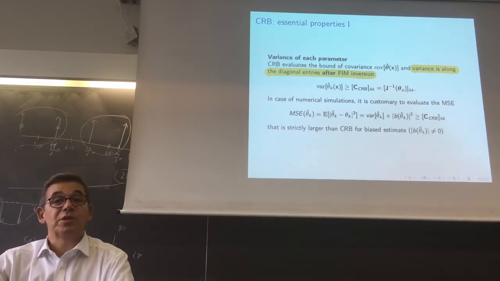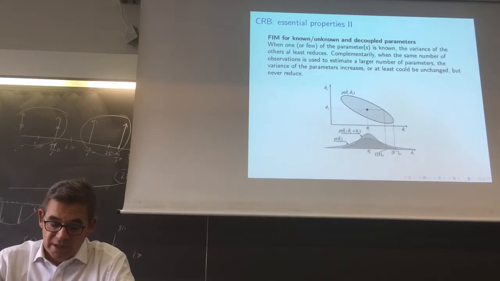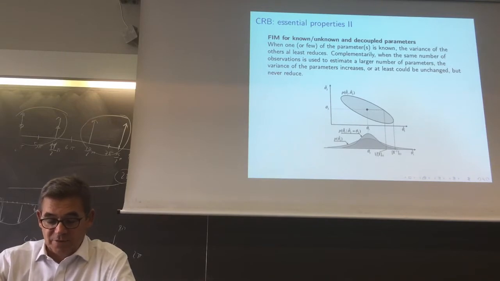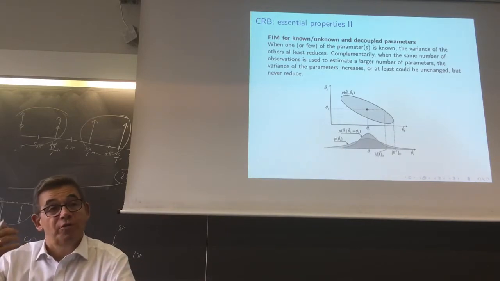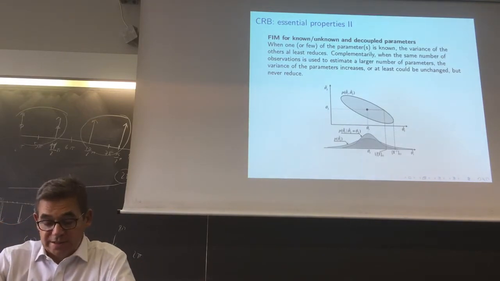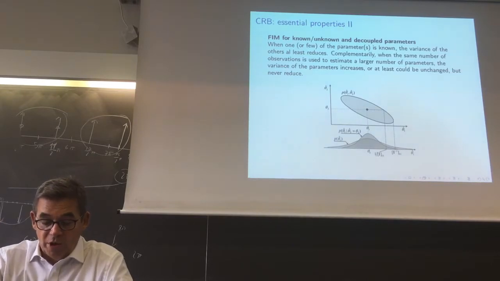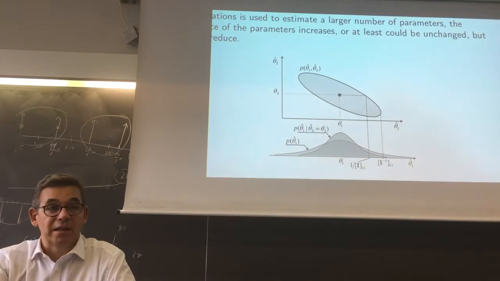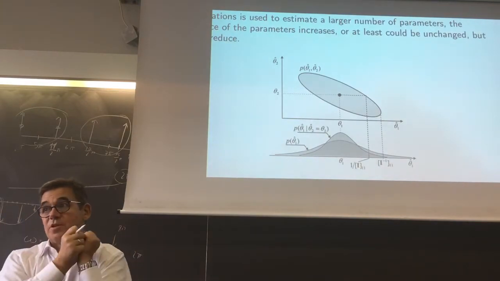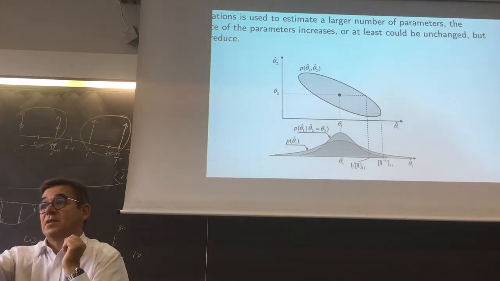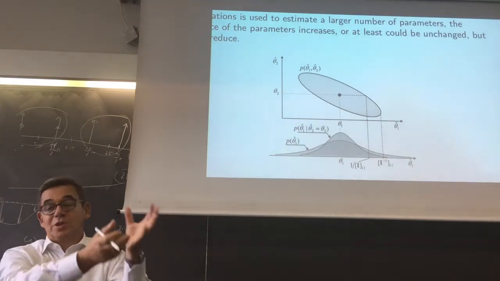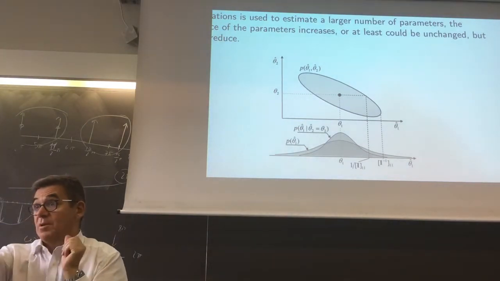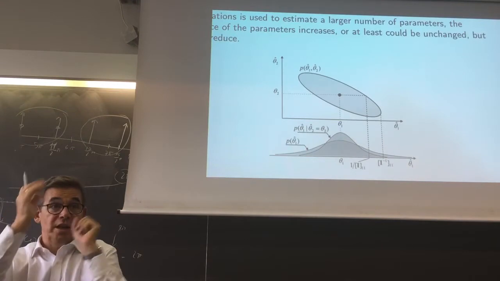So what do we read from the matrix? Let's start from the shape of the error. Essentially, what we get is the following. Anytime we make an estimate, we have a certain observation, we make an estimate. We try another set, and we make an estimate. We try another set, we make an estimate.